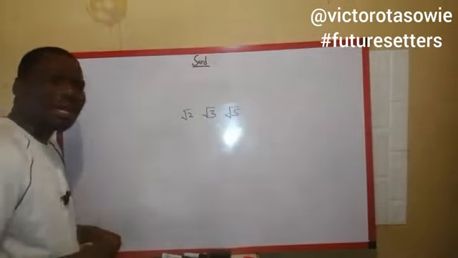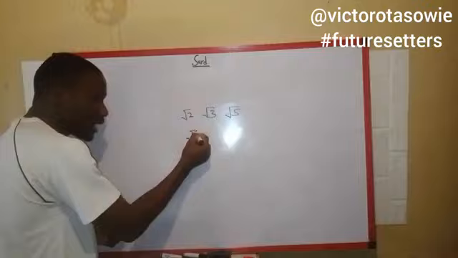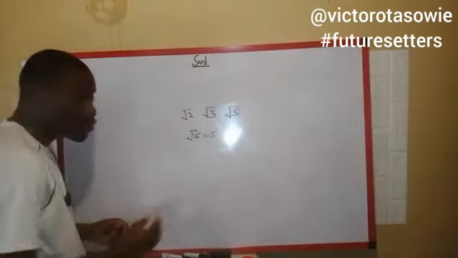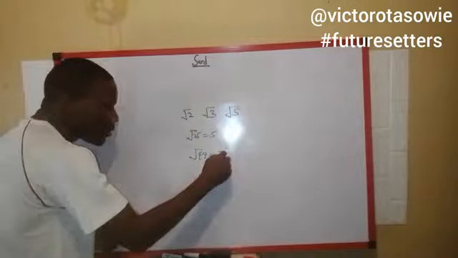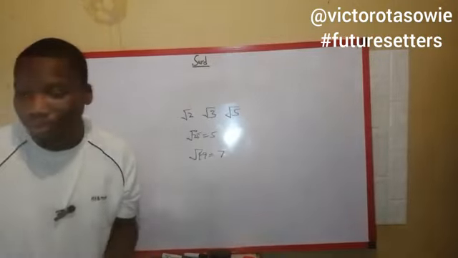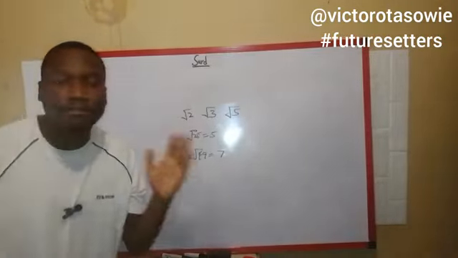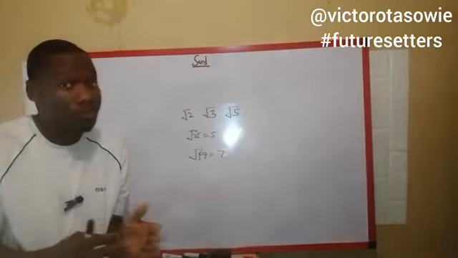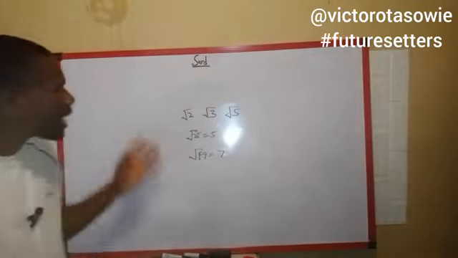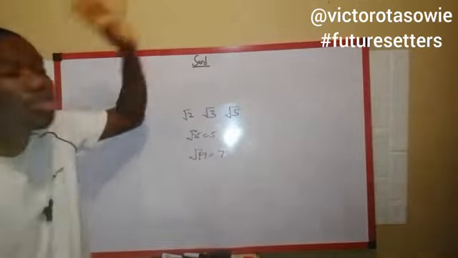Some numbers like square root of 25 have a value of 5, right? Square root of 49 has a value of 7, right? But in a situation where you have square root of 2, square root of 3, square root of 5, square root of 7, do they really give you simple values? No. So we are going to analyze how we can handle questions that have to do with surd.